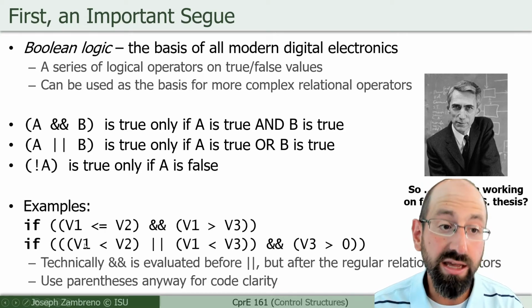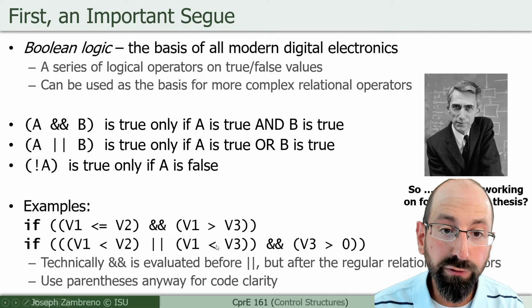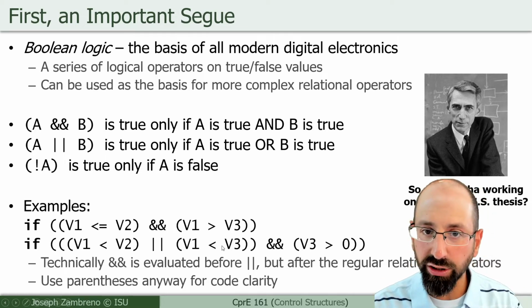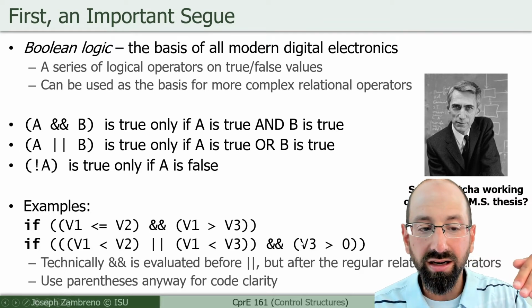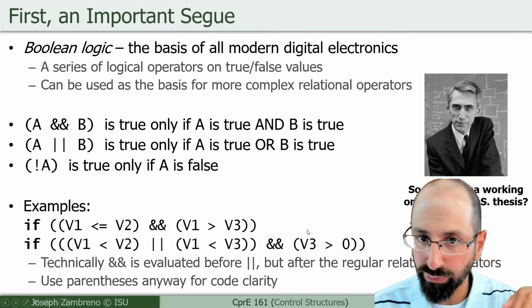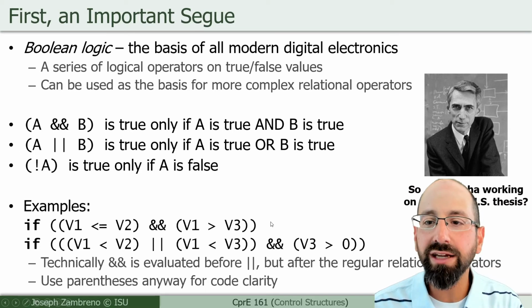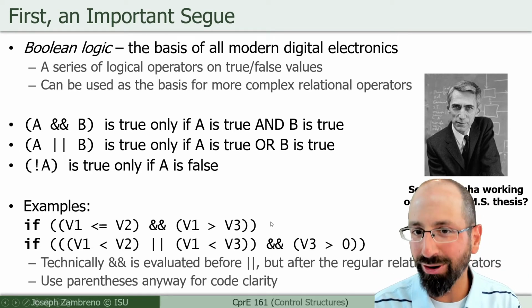In this example, if V1 is less than V2 or V1 is less than V3, that's one term, and V3 is greater than 0. Technically, our Boolean logic operators have a certain precedence order for them. My recommendation is add lots of parentheses for your code clarity.